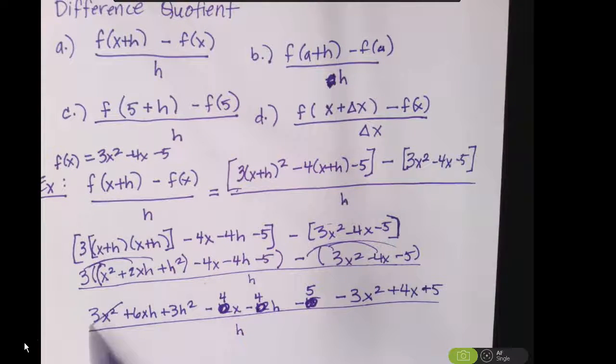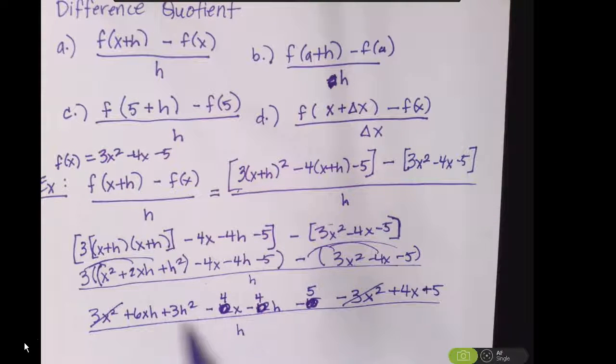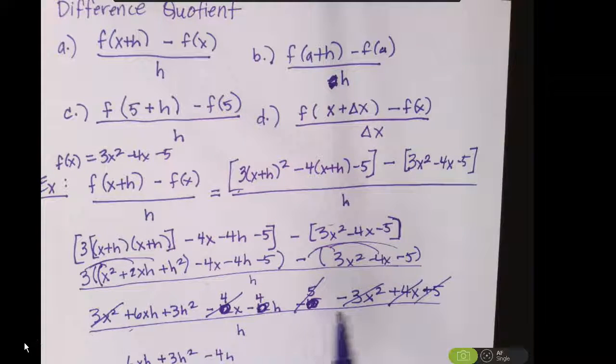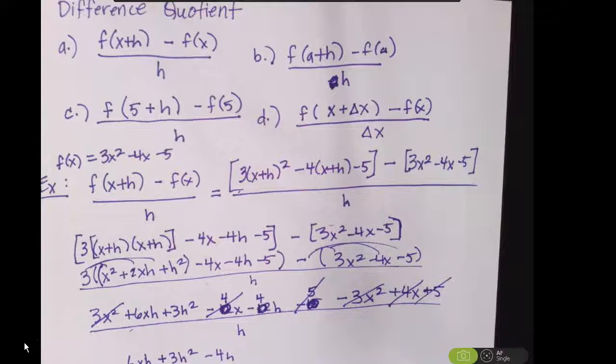So here I've got a 3x squared and a minus 3x squared. And here I've got minus 4x plus 4x, minus 5 plus 5. So now I get 6xh plus 3h squared minus 4h, and that's it, all that over h.